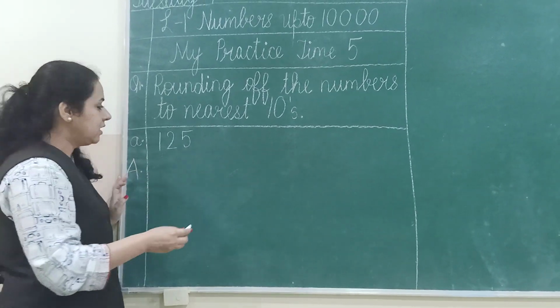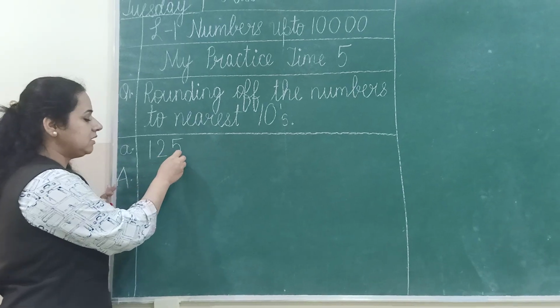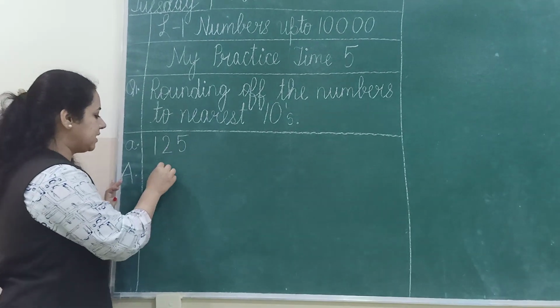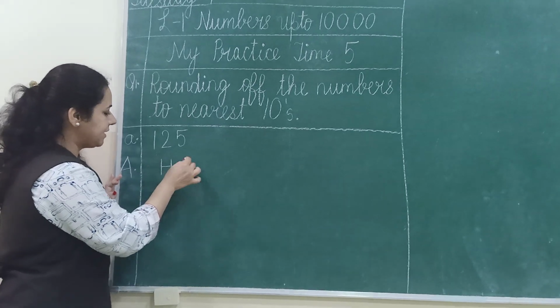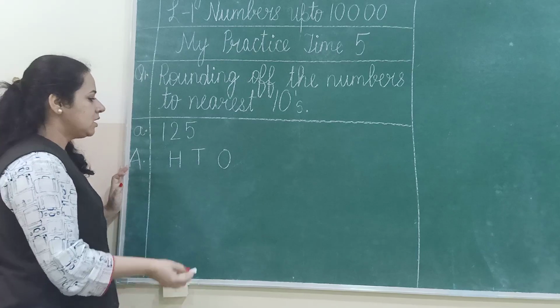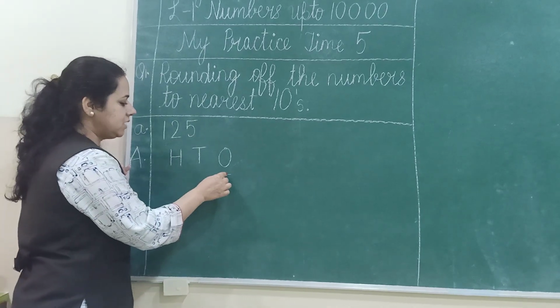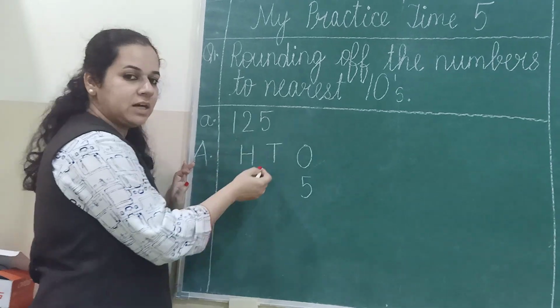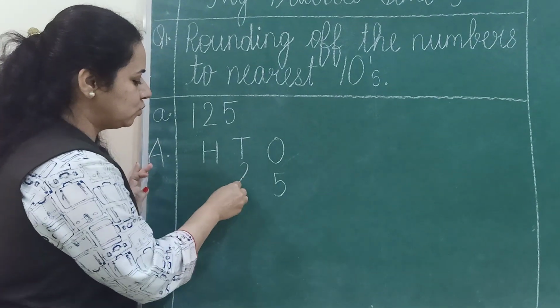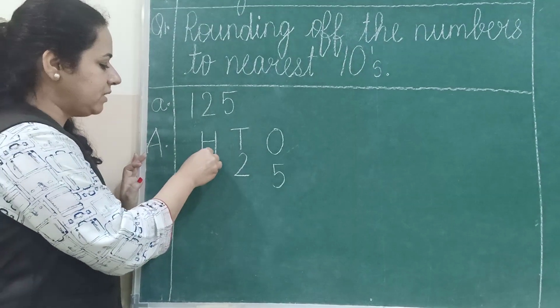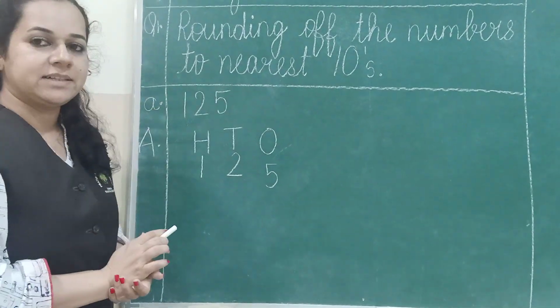You will write which digit is coming under which category. First you will write hundreds, tens, ones. Now 5 is coming under ones, 2 is coming under the tens category, and 1 is coming under the hundreds category.